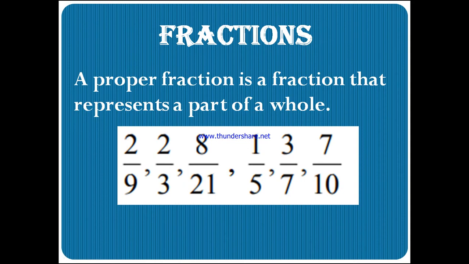Total number of equal parts is called the denominator. Then the numerator 2, that can be two pieces you have eaten or two pieces not eaten. So a proper fraction is a fraction that represents a part of a whole, a part of a region, a part of a group.